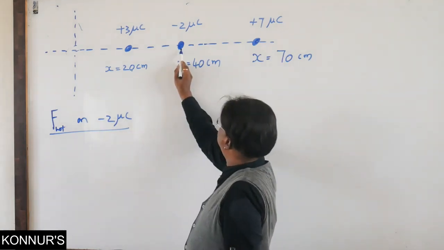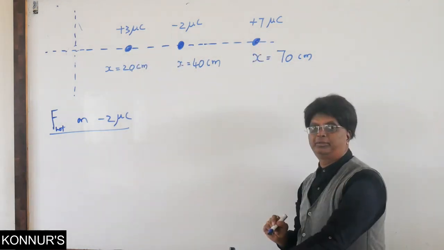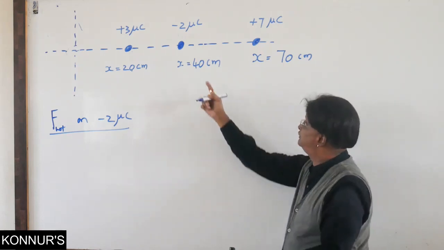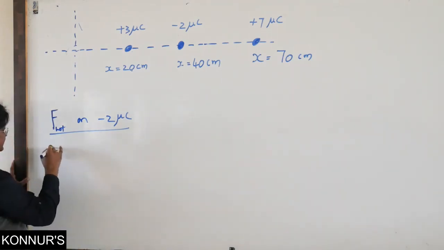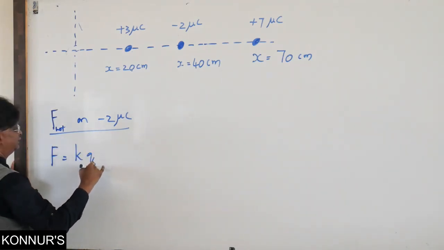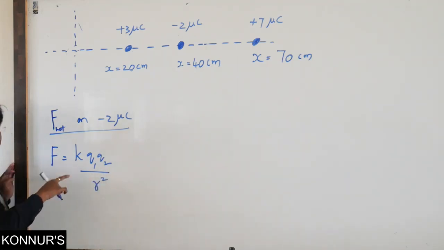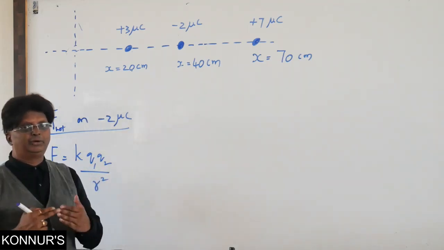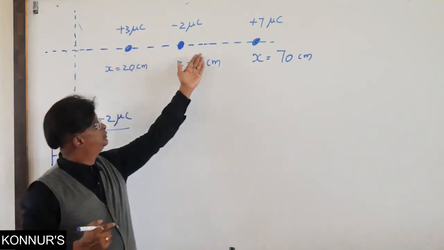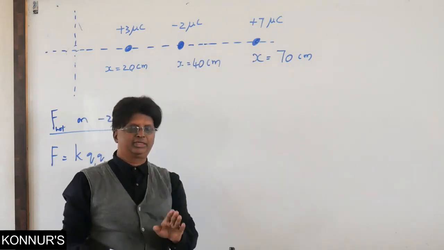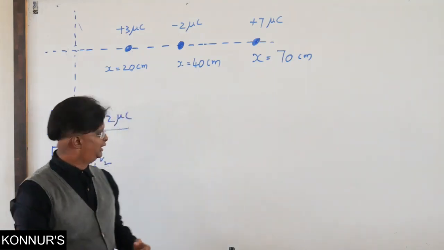This minus 2 microcoulomb has a force due to the positive 3 microcoulomb, and the 7 microcoulomb is also there. Therefore it will experience two forces. Let us write the basic F equals K Q1 Q2 by R squared, which we will use 2 times because there are 2 pairs: 2 microcoulomb and 3 microcoulomb is one pair, and 2 microcoulomb and 7 microcoulomb is another pair. Of course, signs are there, whether like or unlike, so observe carefully.